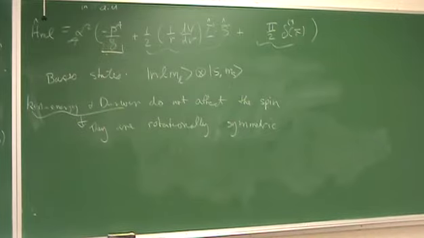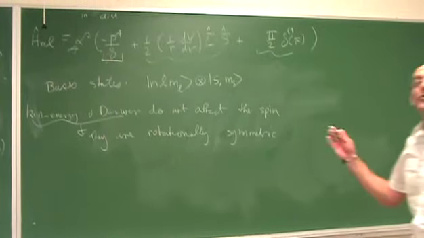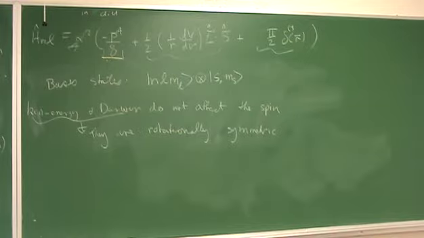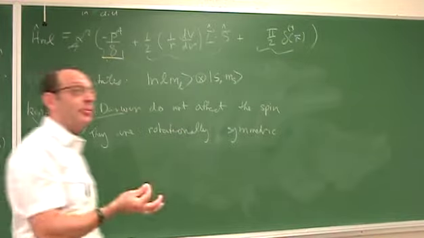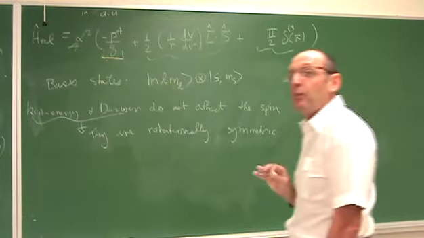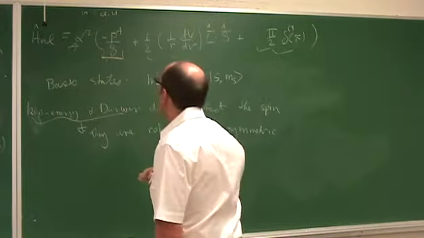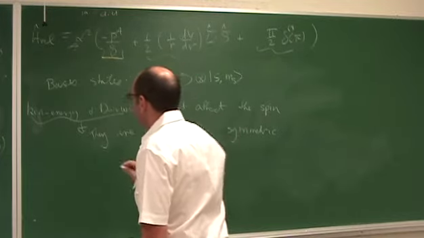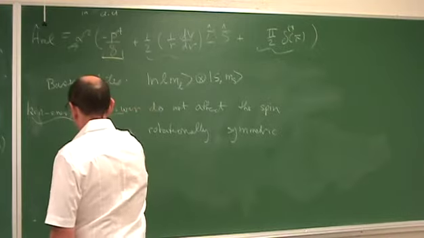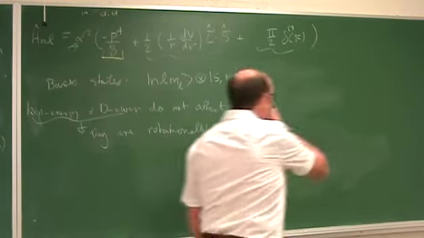So they clearly don't affect the m sub L values, because any rotationally symmetric potential, as we discussed earlier in the semester, can't couple states of different m sub L. That is a selection rule if you have rotational symmetry. So let's take a look at these terms a little bit more carefully. Let's look at this.